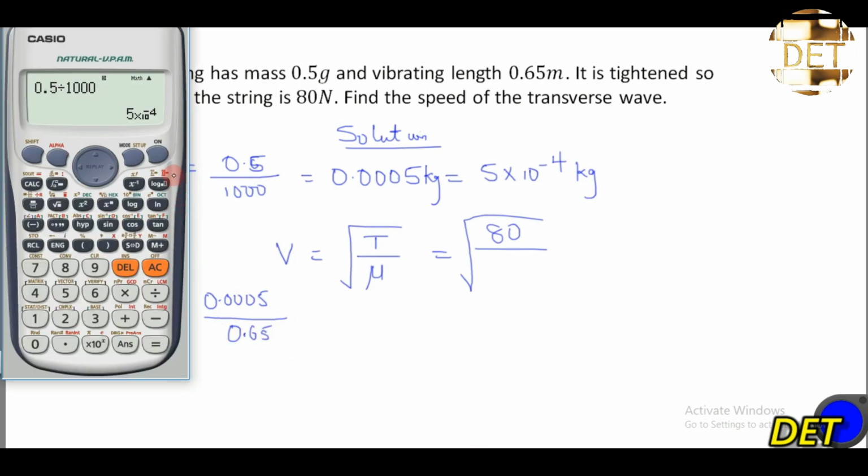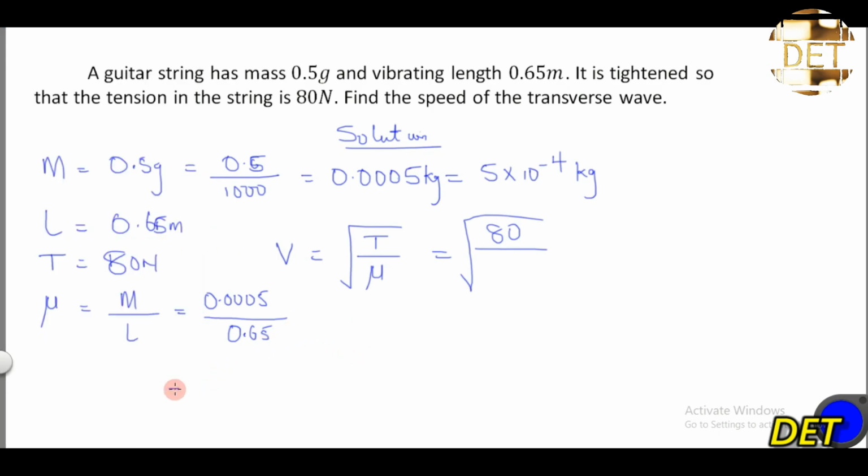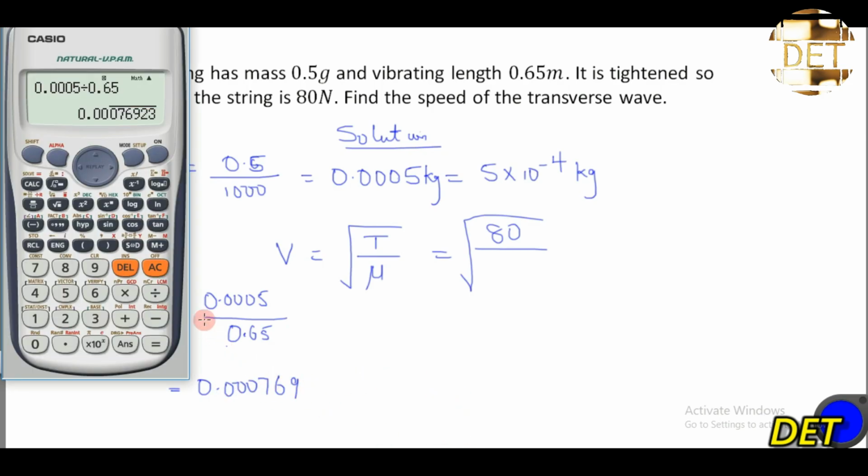So if we divide 0.0005 by 0.65, that will be equal to 0.000769, right?